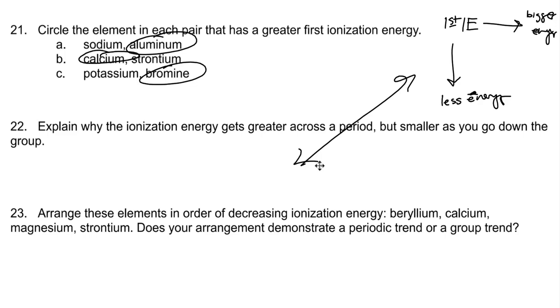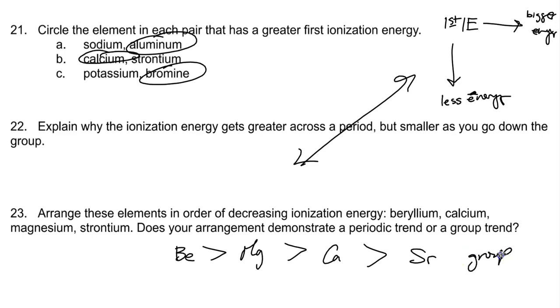23, arrange these elements in order of decreasing ionization energy. And so beryllium has the highest, followed by magnesium, followed by calcium, followed by strontium. This is a group trend. Okay, so decreasing. Or you know what? I should actually have these arrows drawn the other way, because this is less than. Yeah, less than points to the left. I was drawing greater. Oof. There you go.